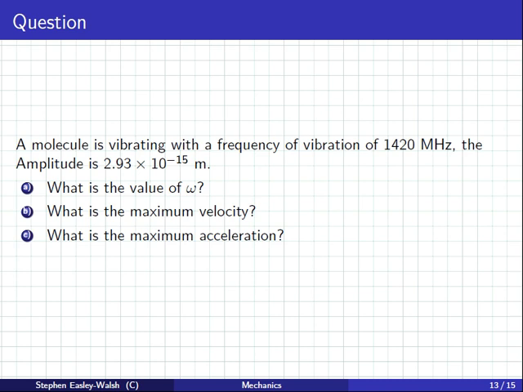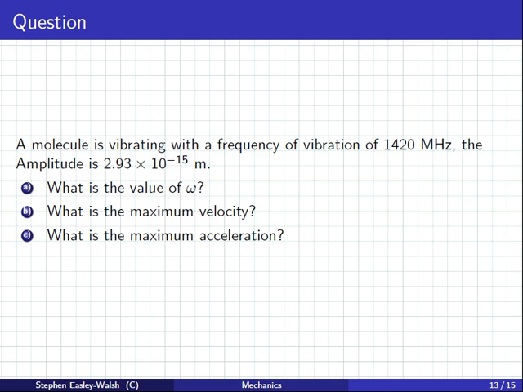A equals minus omega A. No, we said we don't care about the minus. Omega squared A. The big A, yeah. Right, what's the maximum velocity here? What did you get?